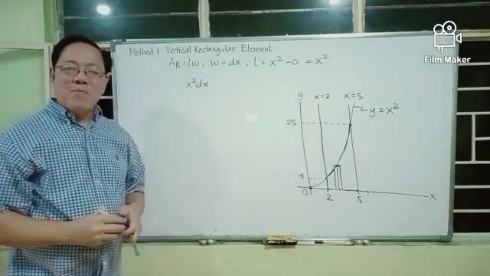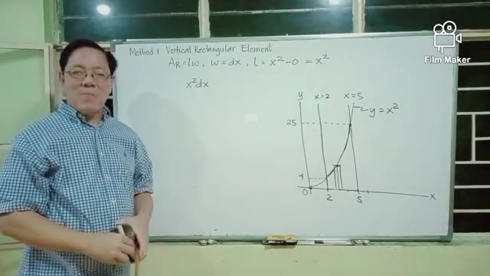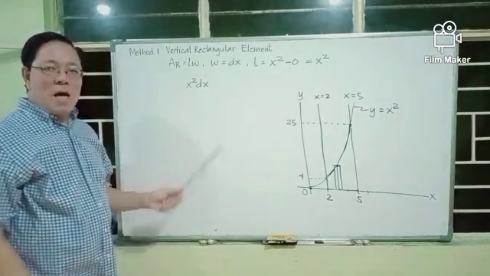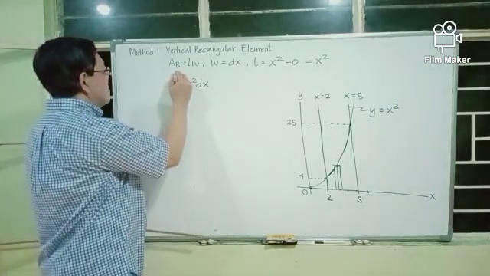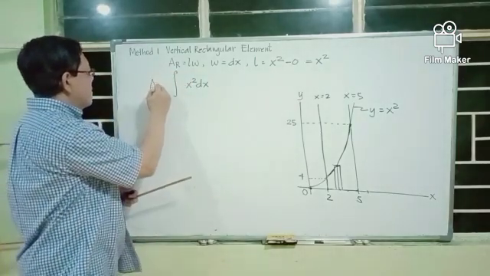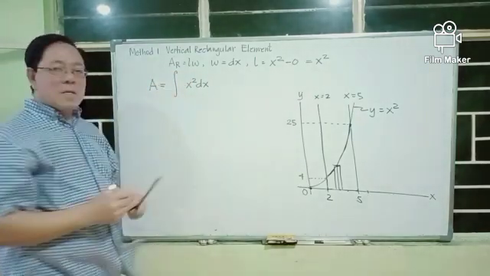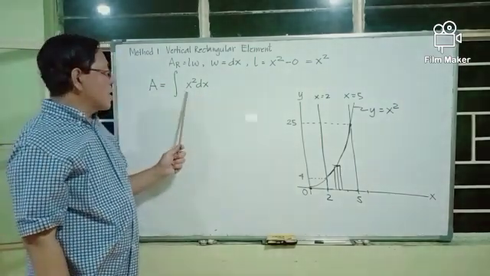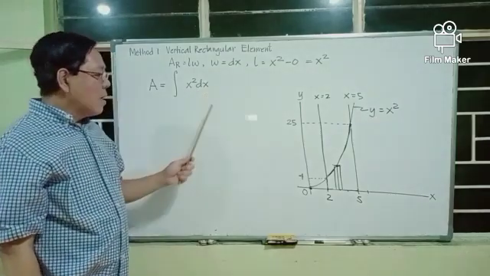And after you have found the area of the rectangular element in your graph, you now integrate this expression. Integrate the expression x squared dx, or integrate x squared with respect to x.